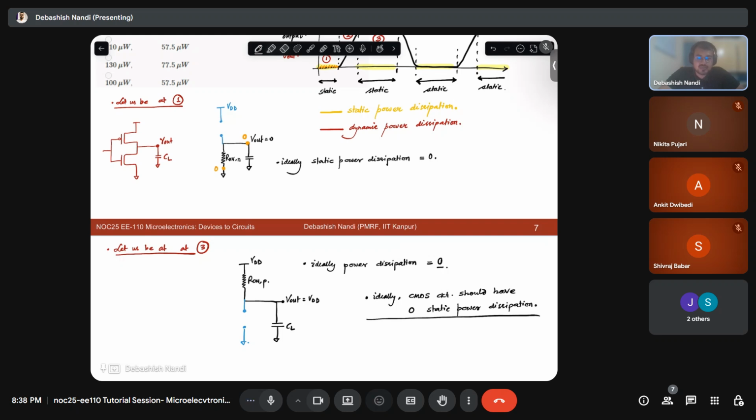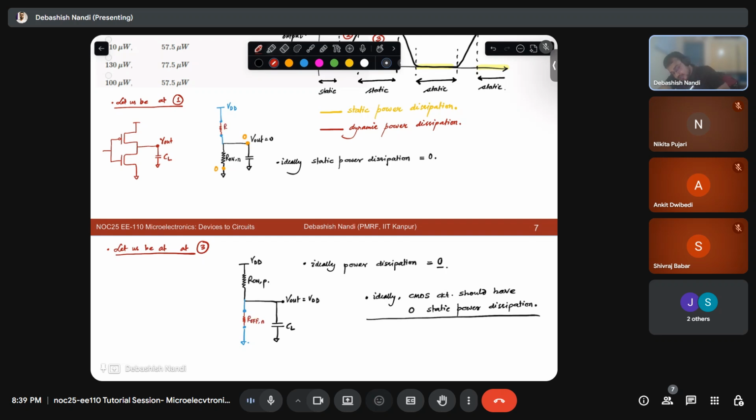Why does it happen? Because of a finite I off value. So where am I making the wrong approximation? At the NMOS side. This is not open; there is still an R off.